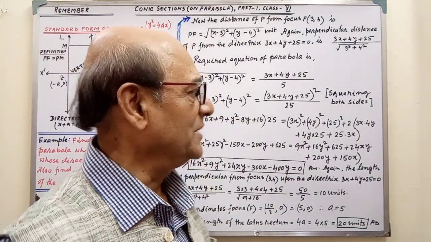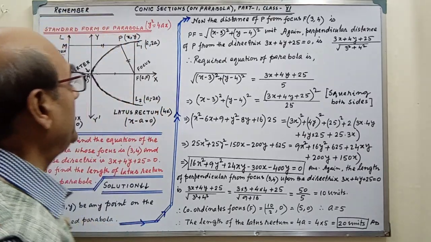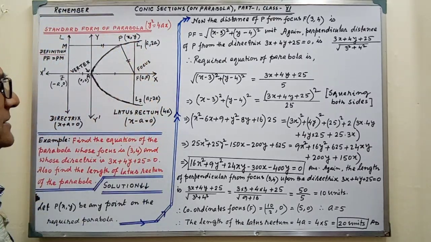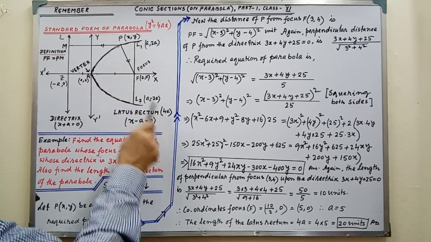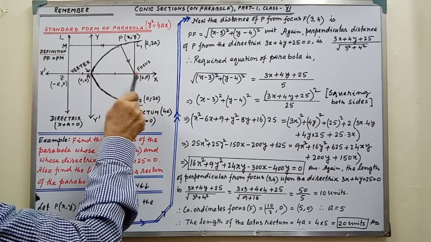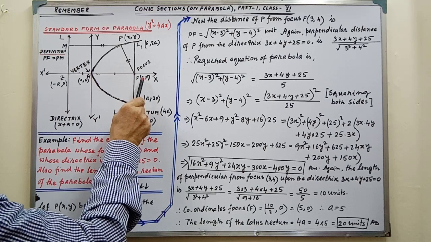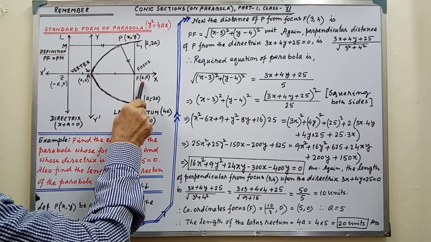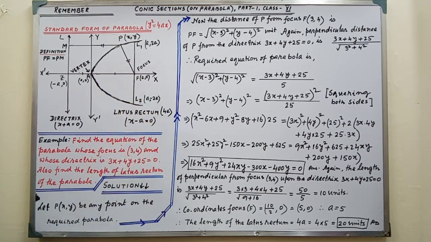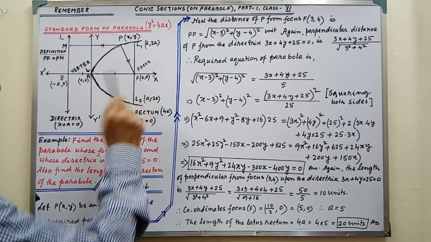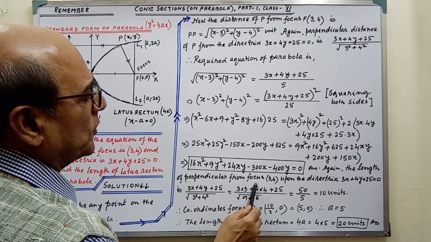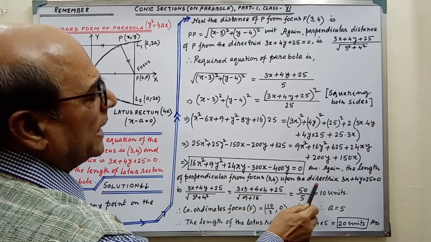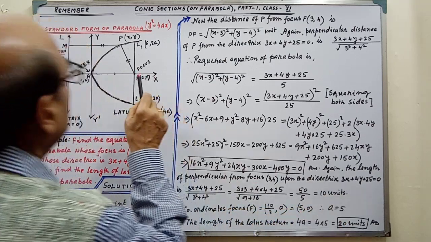One part is completed. Next, we have to find the length of latus rectum. To get the length of latus rectum, that is 4a, we have to find a. If we get the coordinate of focus, then we will get the value of a. Again, the length of the perpendicular from the focus 3, 4 to the directrix 3x plus 4y plus 25.